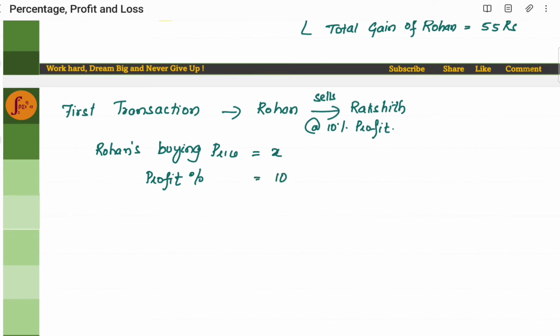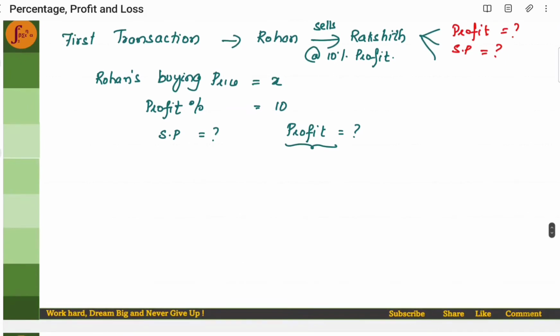We'll try to find the selling price and the profit. We need the profit of the first transaction, and then the selling price. Similarly, in the second transaction we'll have to find both of these. So now let's find the profit.